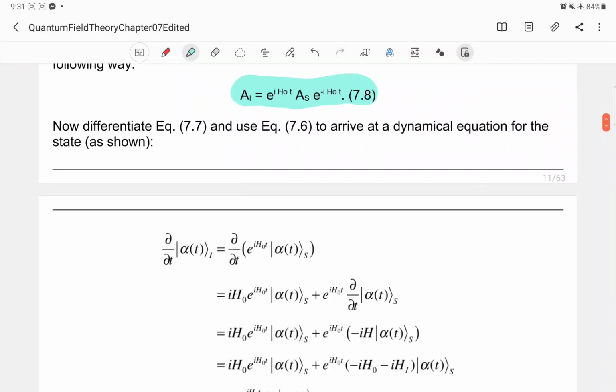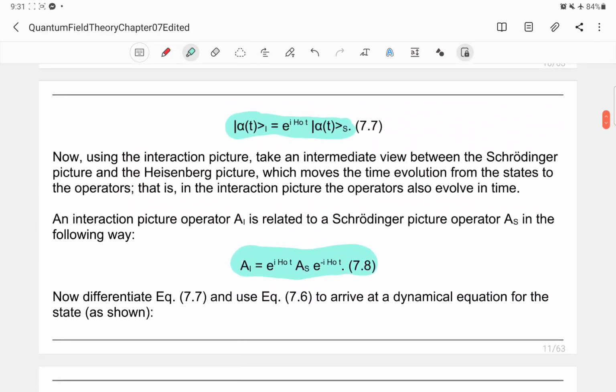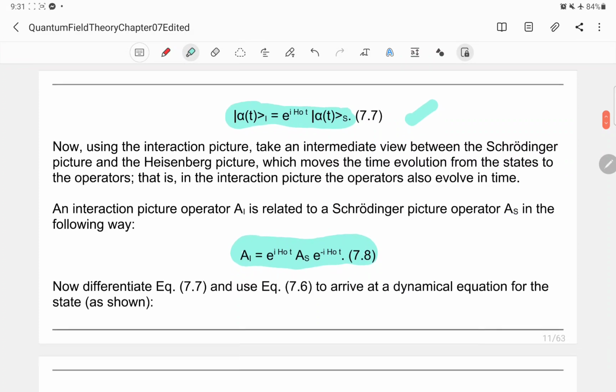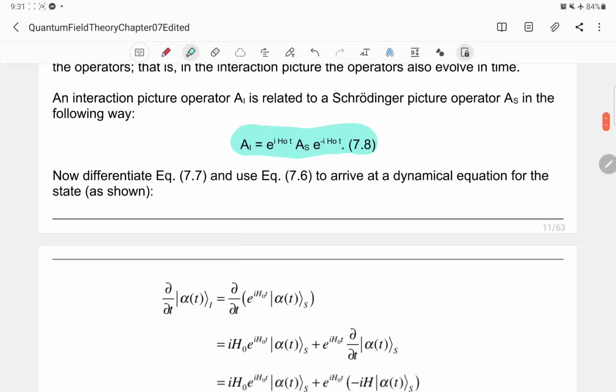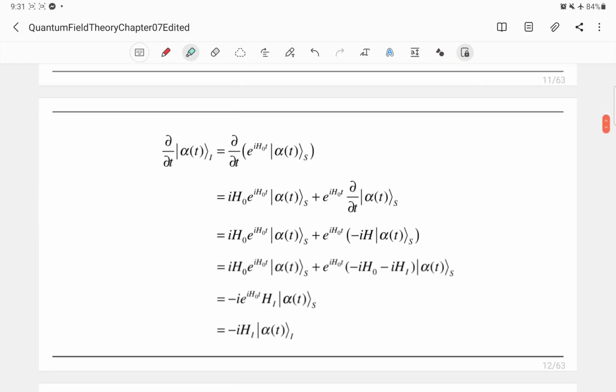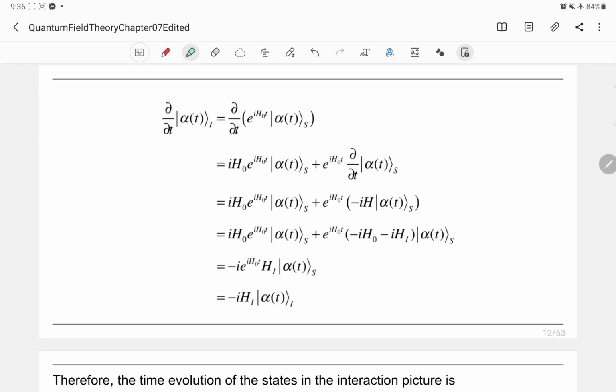Now we can differentiate this equation with respect to time to arrive at the dynamical equation for the state. So you have this. You will have the derivative with respect to time of your state alpha I, and this is of course written in full here.